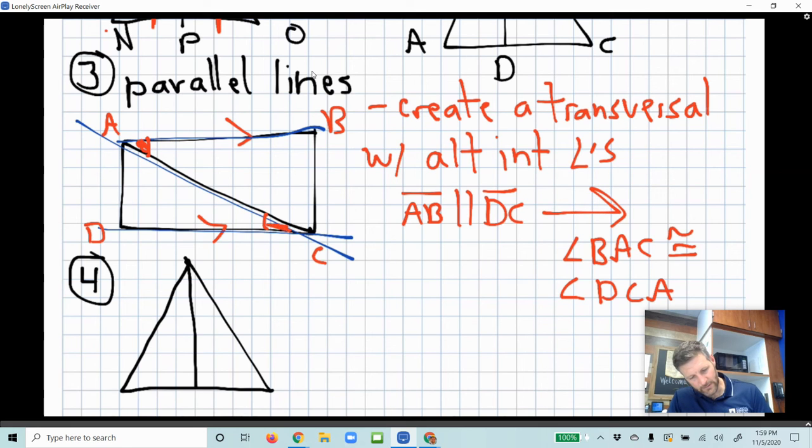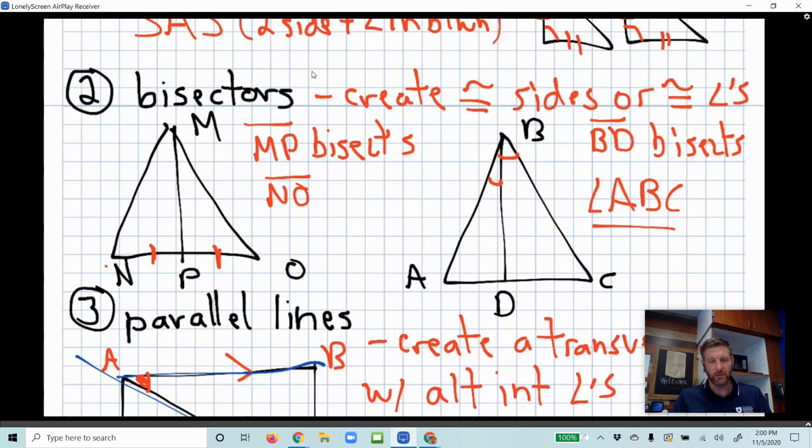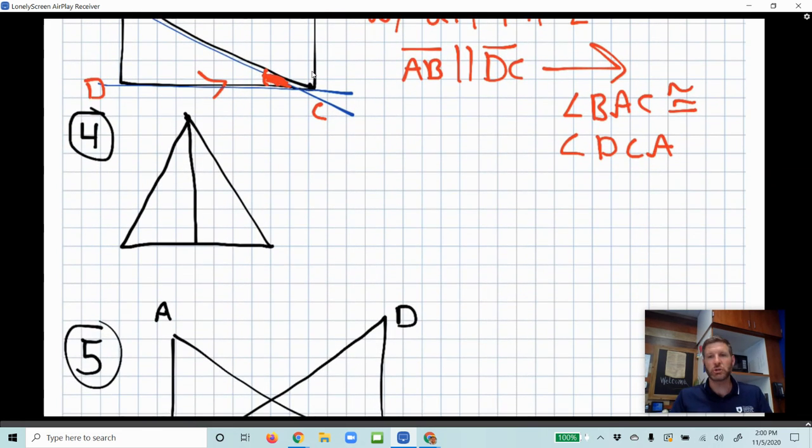That's this one right there. Okay, so whenever you see parallel lines, you want to think, oh, somewhere they've created alternate interior angles. Just like if you see a bisector, they've created two sets of congruent sides or angles. So those are two clues that you want to be on the lookout for.